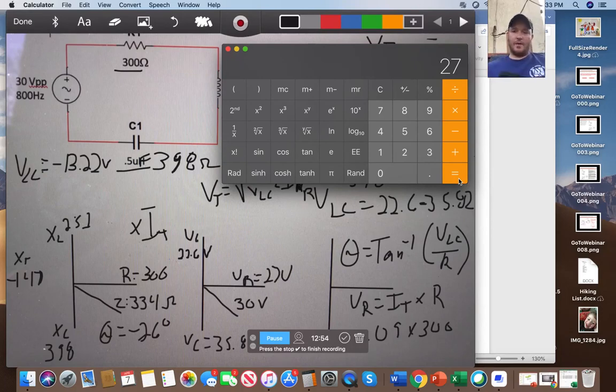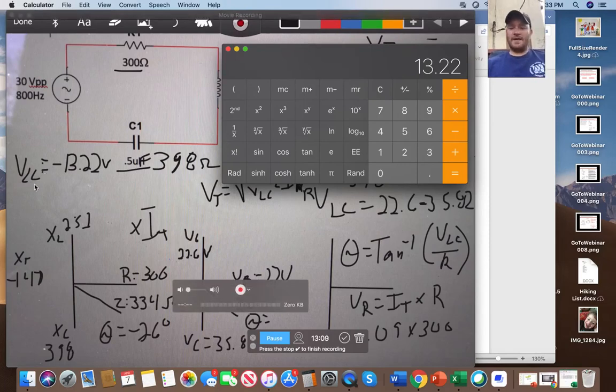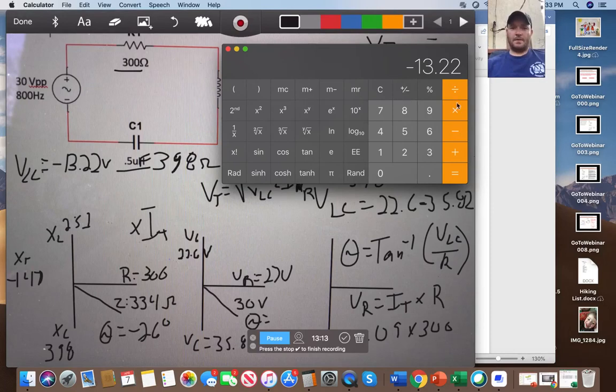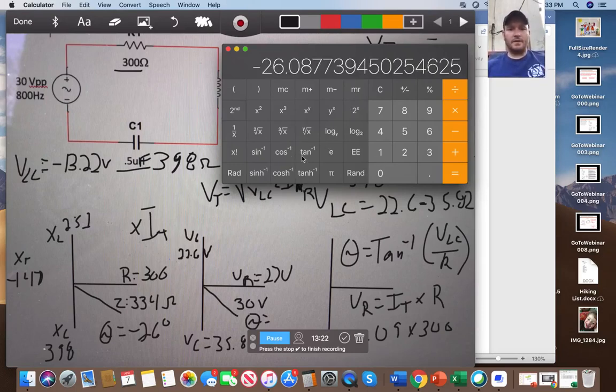Now we can do our phase angle here, which is going to be 13.22, that's our VLC, and that's negative, divided by 27 equals, and then we take our inverse tangent.